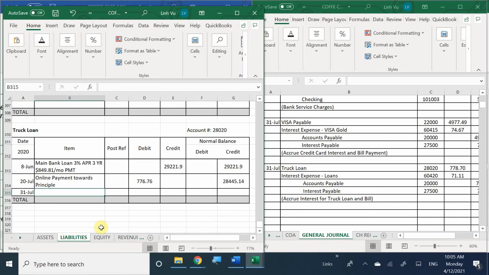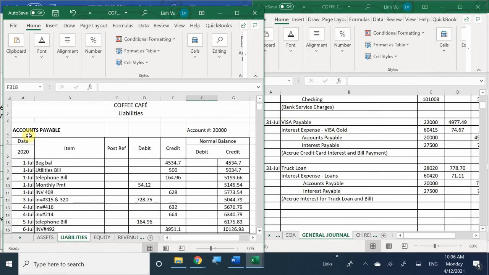I'm not going to write anything in there, but if I were to make this payment, only $778.70 is going to go towards my principal, which, again, I put on the wrong side. 778.70, which should reduce my truck loan down to $27,666.44.